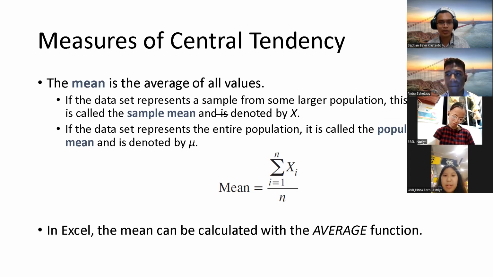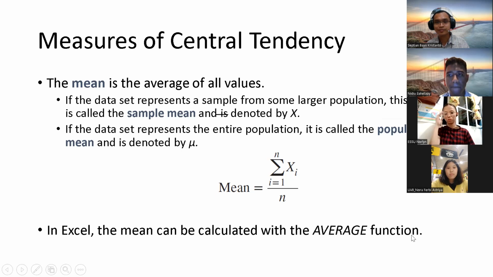In example, we call it the average. In Microsoft Excel, you can also find functions to calculate the average. So this is not only counted manually, because you have specific software like Microsoft Excel, or maybe you can count with your calculators.